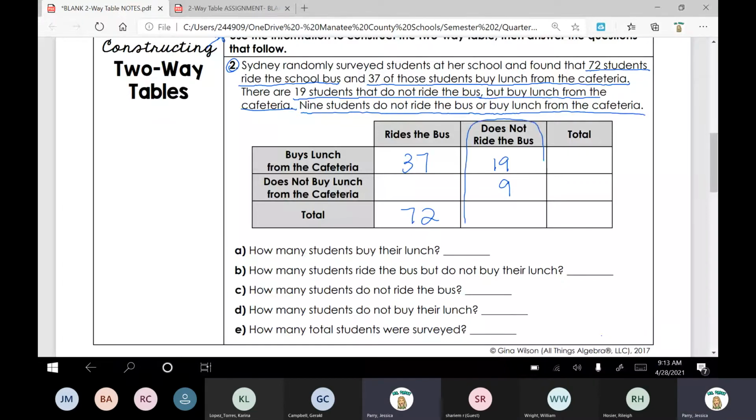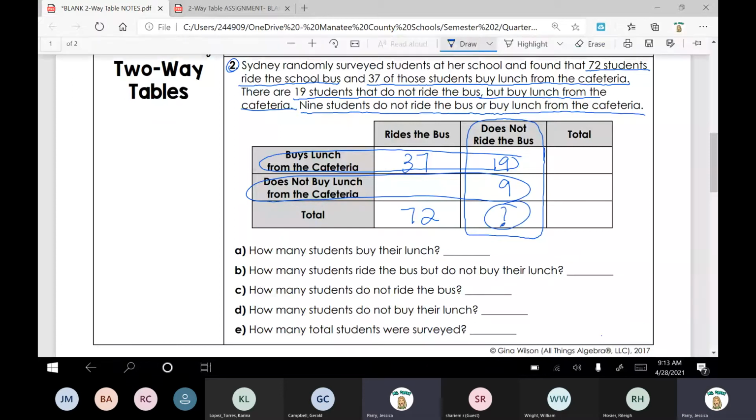You can start in a couple of different areas, but let's start here with our students that do not ride the bus. Okay, so we know 19 buy lunch from the cafeteria and 9 do not buy lunch from the cafeteria. How many students do we have total that do not ride the bus? How many students do I have total would be in that question mark.